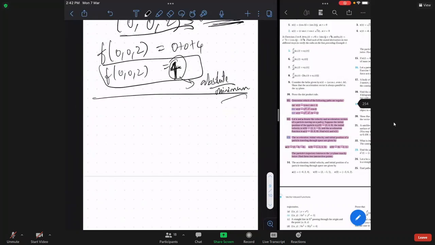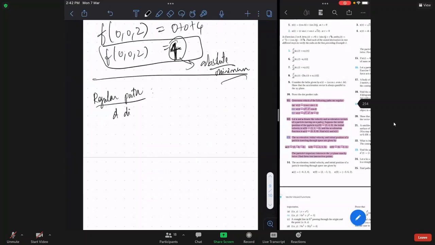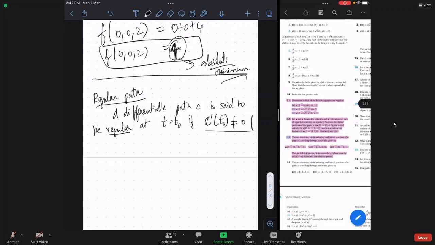So let's see, question 11 is: determine if a path is regular or not. Let me bring out the definition of a regular path. A regular path is a differentiable path. C is said to be regular at t equal to t naught if my first derivative c dash of t naught is not equal to 0.